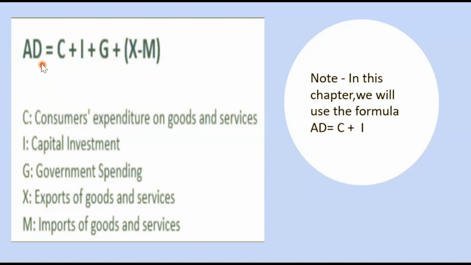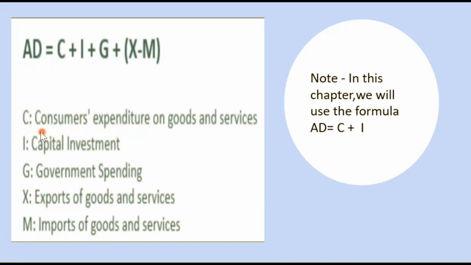In four-sector economy, AD is equal to C plus I plus G plus net export, which is denoted here with the letter X minus M. Now, what do these letters stand for? Let us discuss them one by one.